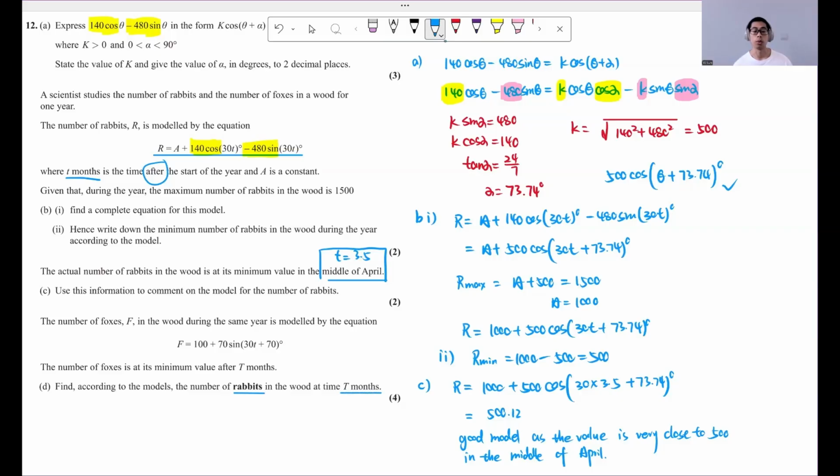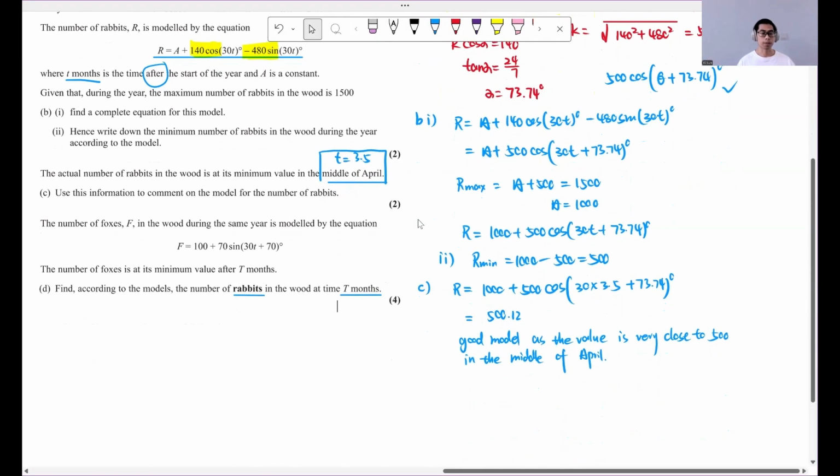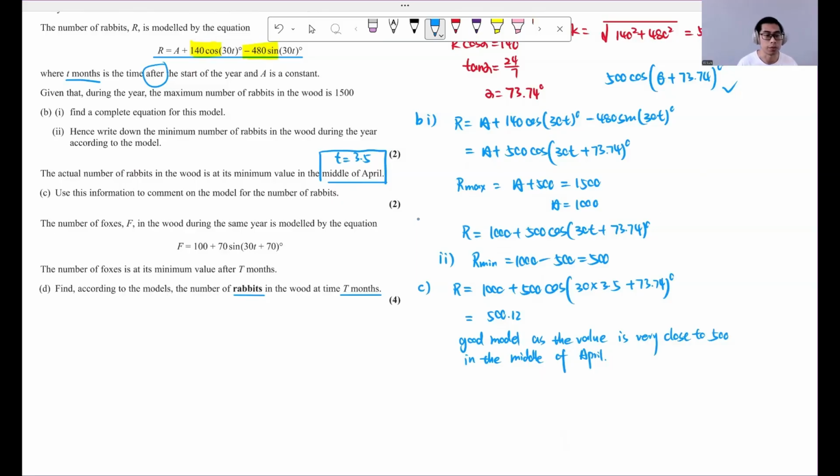So we need to find capital T first, then substitute into the R equation. It's not about the number of foxes; it's about the number of rabbits at the end. But we do need to use the fox equation to work out T first.